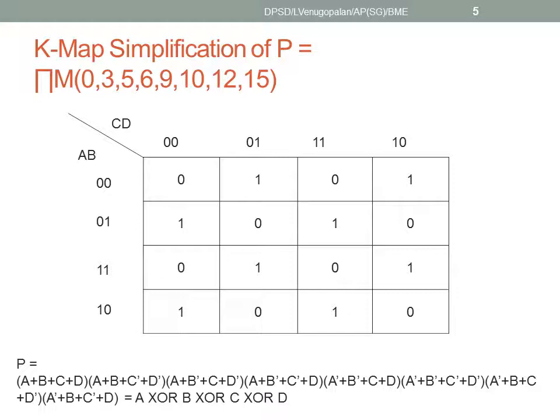If you use your Boolean theorems and laws, you will ultimately find that this simplifies to A exclusive OR B, exclusive OR C, exclusive OR D, right?